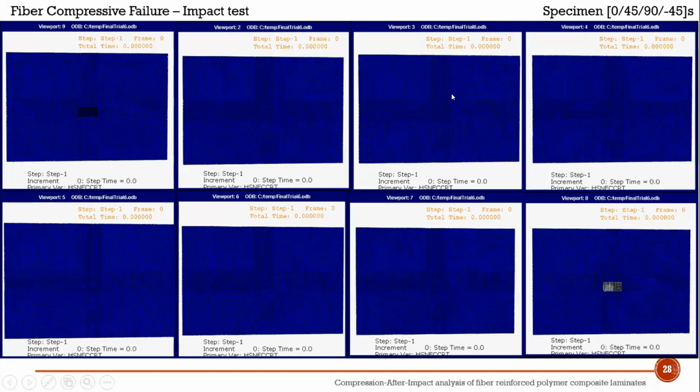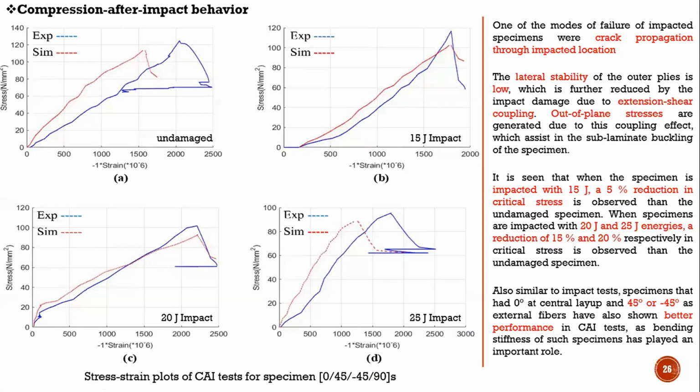Is it possible to find out fiber pull out through simulation? Yes, it is possible. For my master's project, I did a fiber pull out test in ANSYS as well, where we can evaluate interfacial shear strengths.